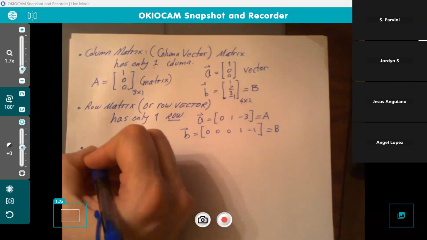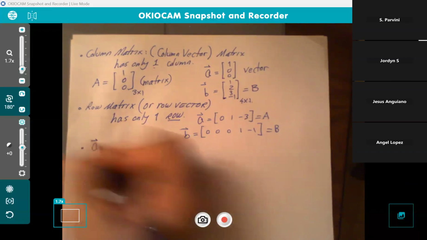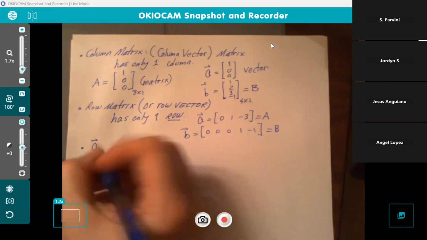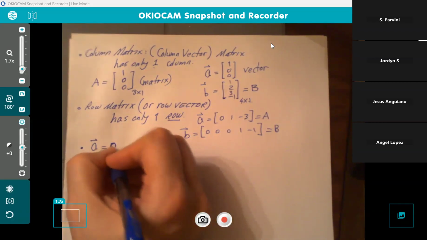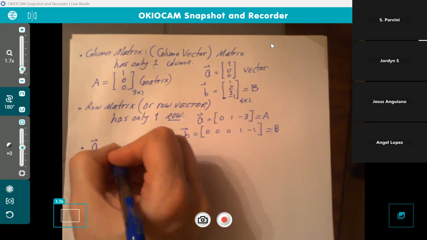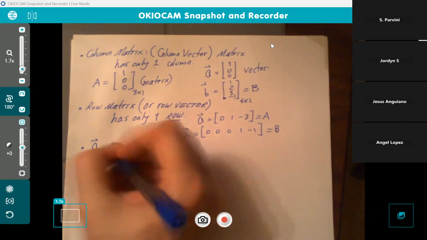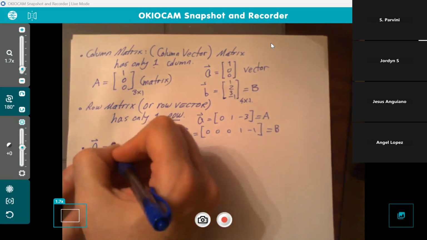Let me stop this share and go back to my OQ cam. Okay, so this is what I mean. Here's a vector A. In the book, this is what they do. And you see kind of why it's not feasible for me to do this. That is boldface A. It's not the best A because my paper is kind of warped.